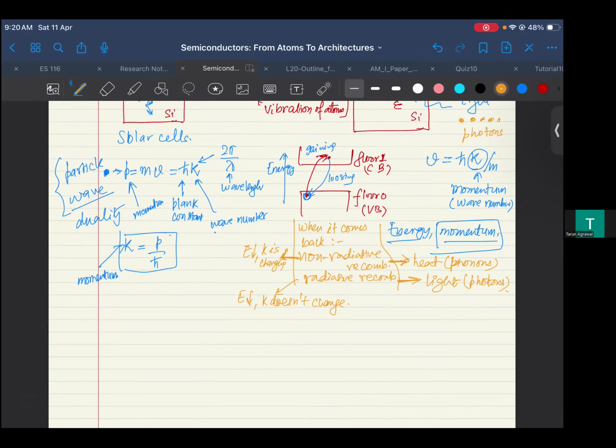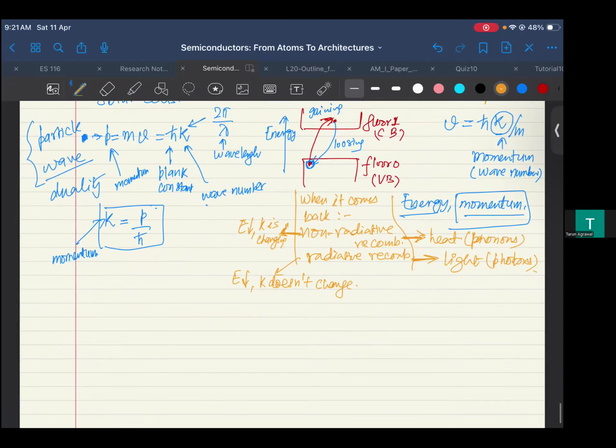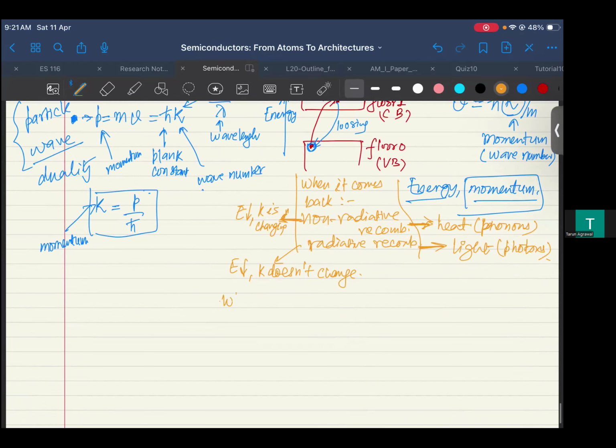Now the question is, when k does not need to change, why is it that when k changes, light does not come out? Why can't a photon come out?